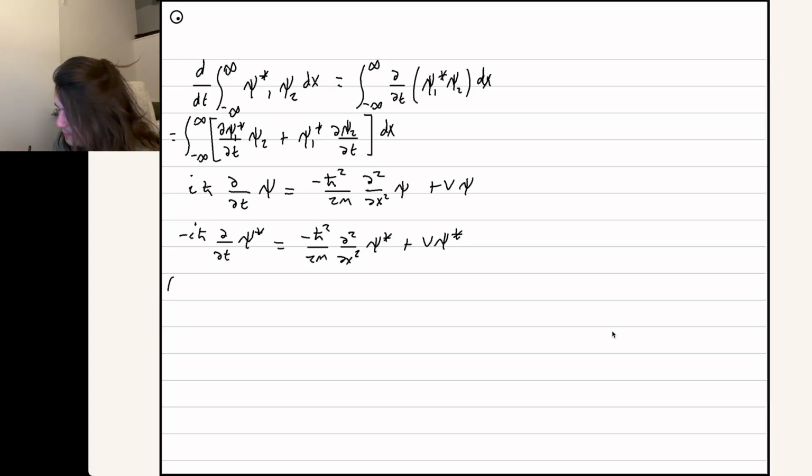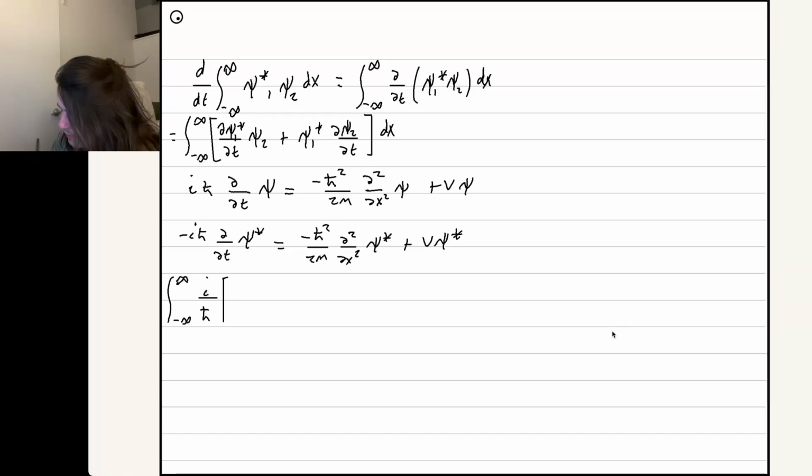So it's going to be the integral from minus infinity to infinity of i over h bar for all of this.